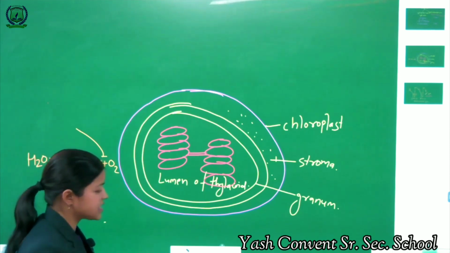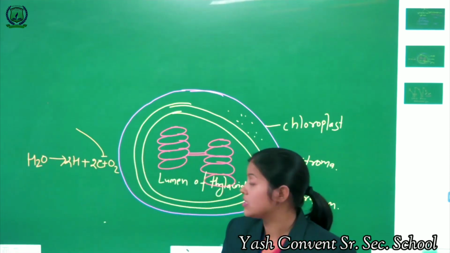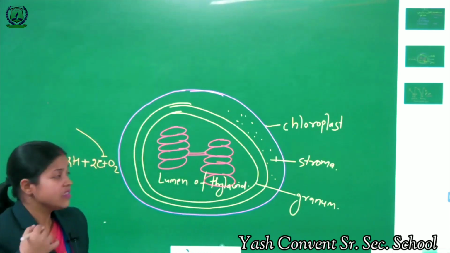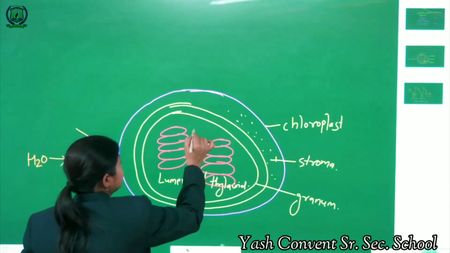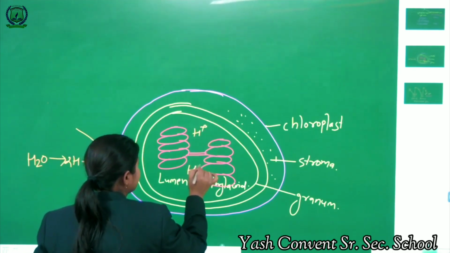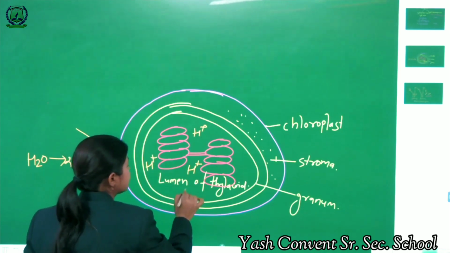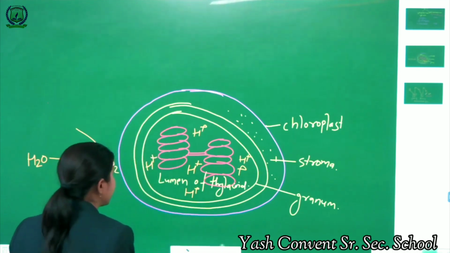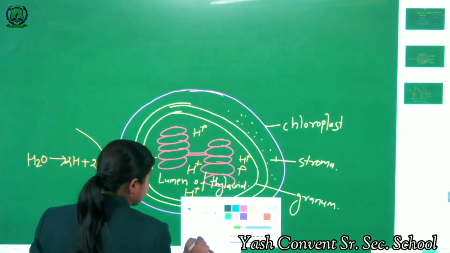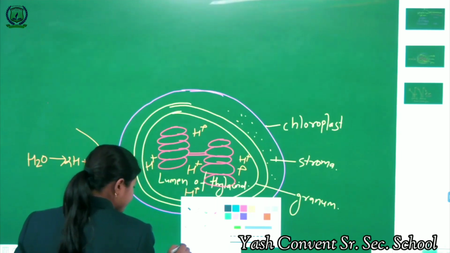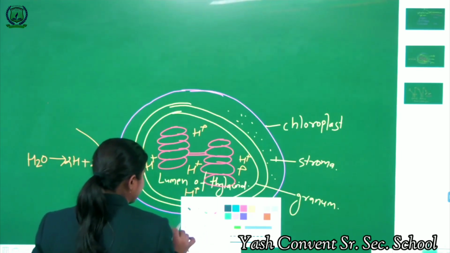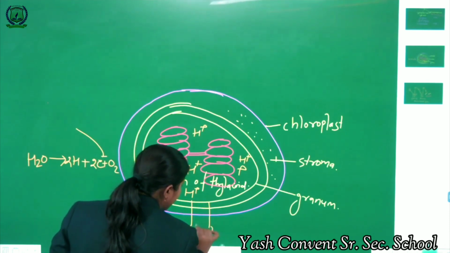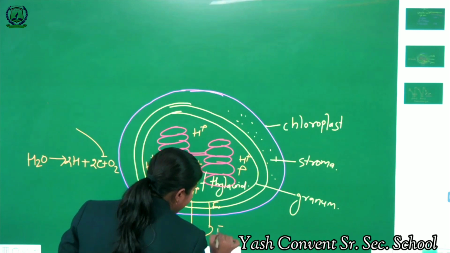So this is a non-cyclic reaction. Inside the lumen the concentration of hydrogen is higher compared to the stroma, and here two sites, F0 and F1, are present for hydrogen to exit.